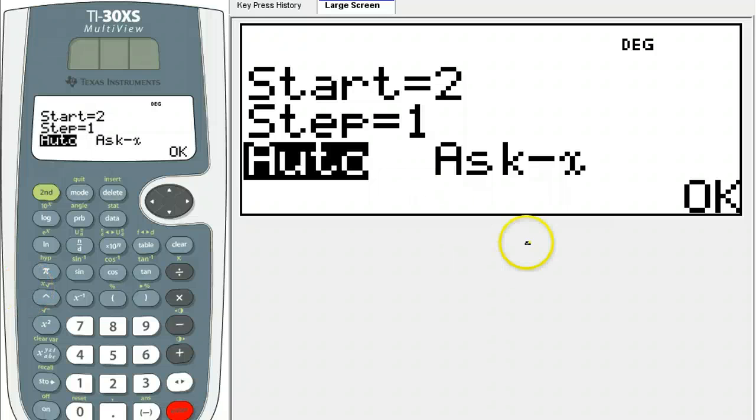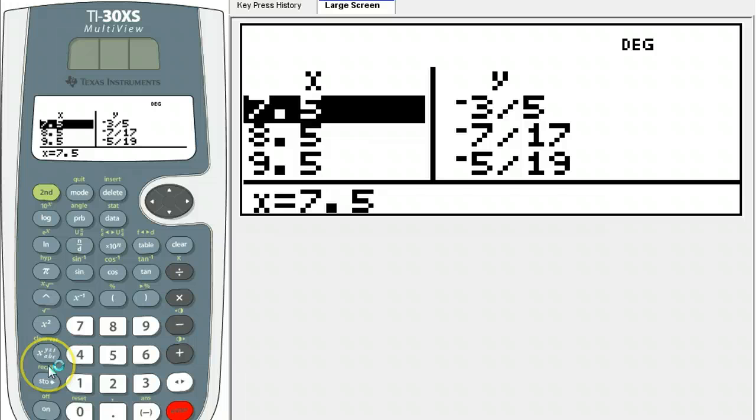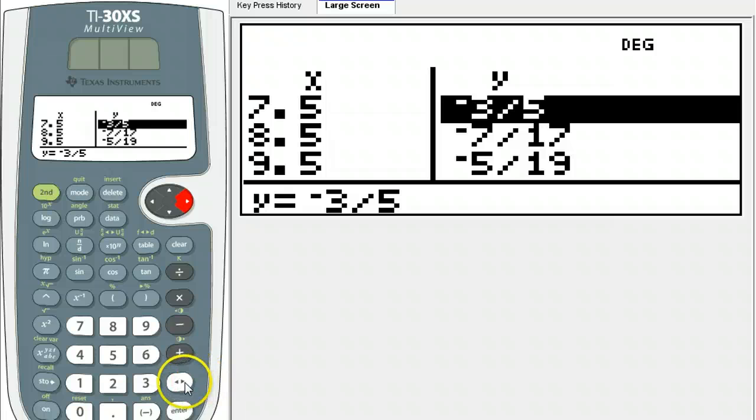All right, and I want to evaluate at 7.5, so I can just have it start at 7.5. So at 7.5, I have a y value of negative 3/5, which, by the way, is negative 0.6.